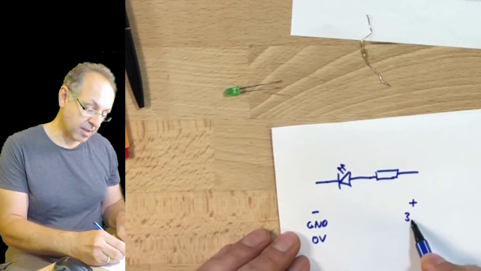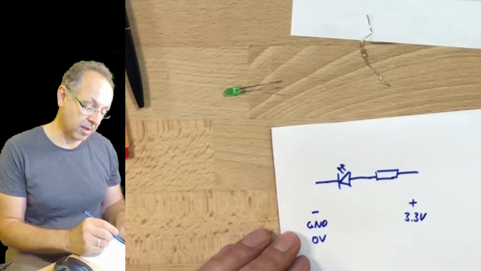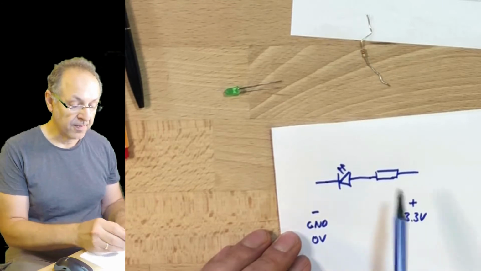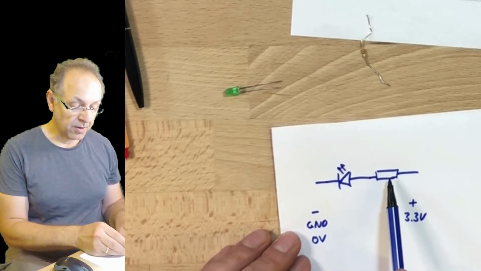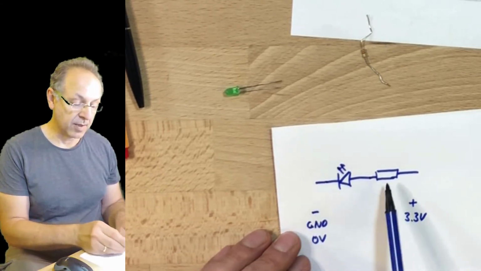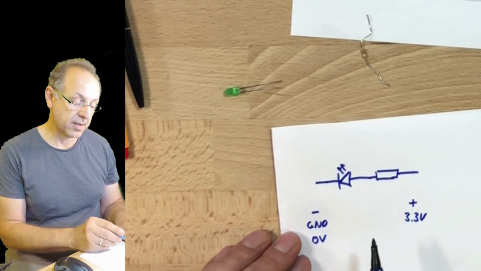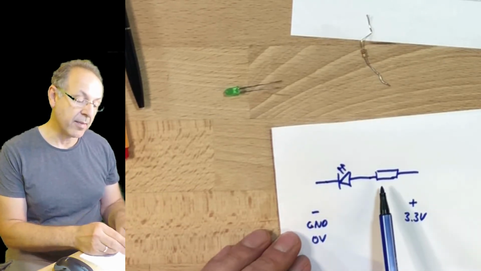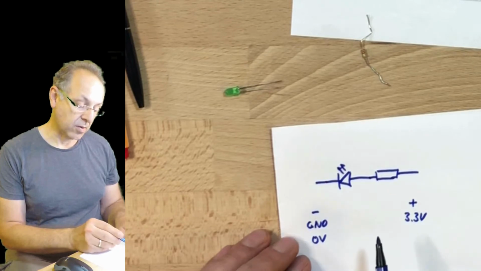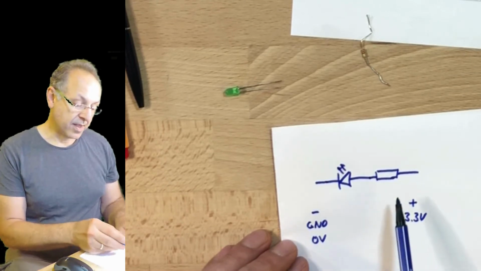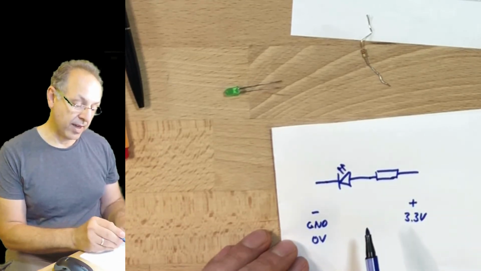In our case this is 3.3 volt, in other microcontrollers maybe 5 volt. The resistor can be on this side of the LED or on the other, it doesn't matter. We just have to have it in a row with the LED in order to limit the current that goes through. Now, in order to know what resistor we have here, we have to look a little bit further.